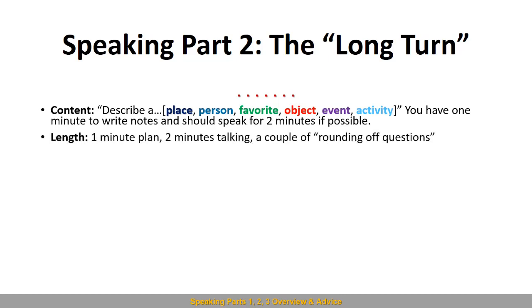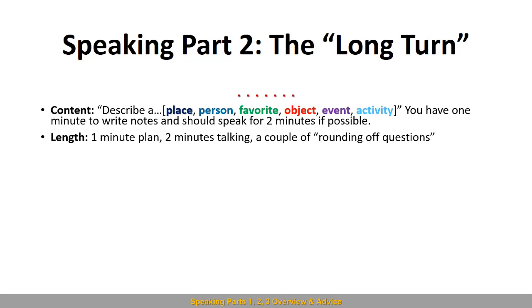The length is you have 1 minute to plan the topic and 2 minutes to talk. The examiner will give you a card and read the topic to you, and then you have 1 minute to plan, and you'll be expected to speak for 1 to 2 minutes, but actually it's good to speak for 2 minutes.